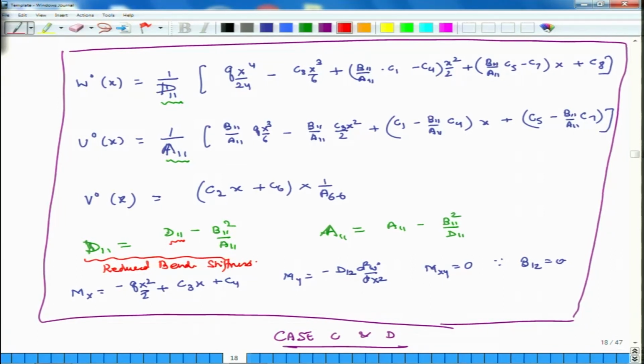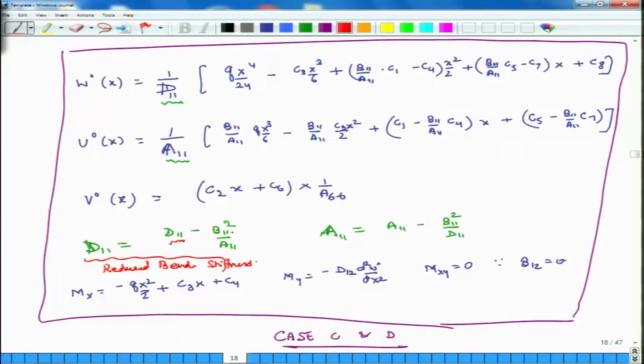When it is a smaller number, the value of w will increase. So, what this relation shows, even though we have yet not implemented the boundary conditions, is that the presence of B matrix tends to increase the deflection of the plate. In the symmetric laminate, this B was 0, so the deflection would be less because it will be just D11. In unsymmetric laminate, because B11 is non-zero, it reduces the stiffness.